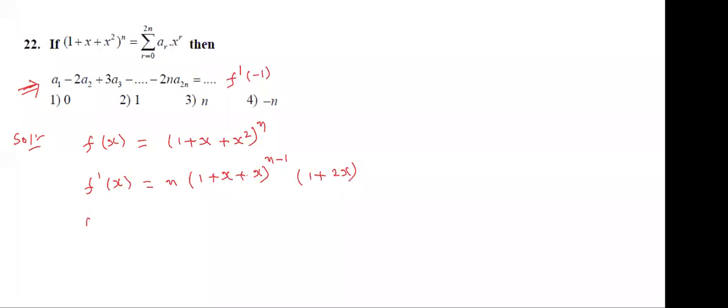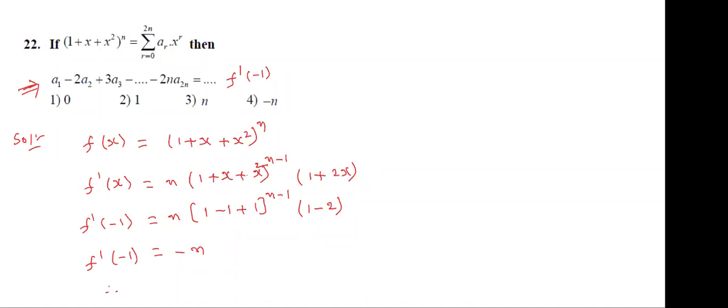Now what is f dash of minus 1? Just in place of x substitute minus 1. 1 minus 1 plus minus 1 whole square, that is 1 whole power n minus 1, into 1 minus 2. So overall, doing the calculation, you will get minus n. This is the f dash of minus 1 value, minus n.